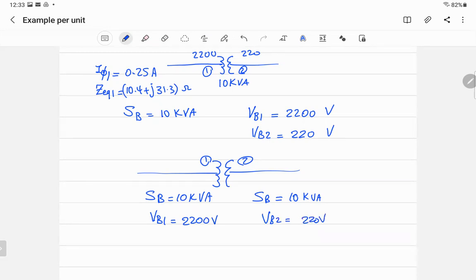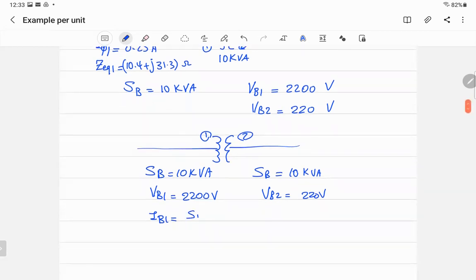Now I want to derive the current base and the impedance base. So I will say IB1, what will it be equal to? It's single phase, so I divide the power by the voltage. So I'll divide SB by VB1.